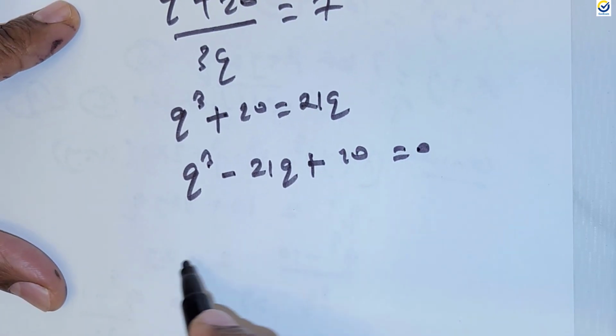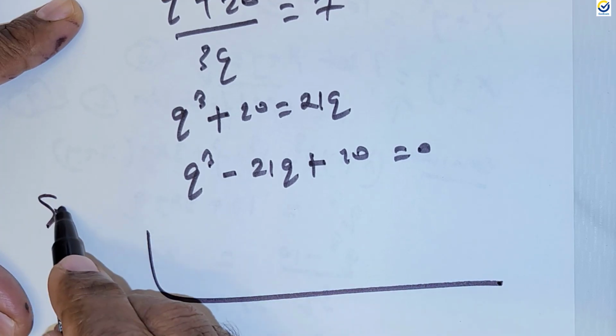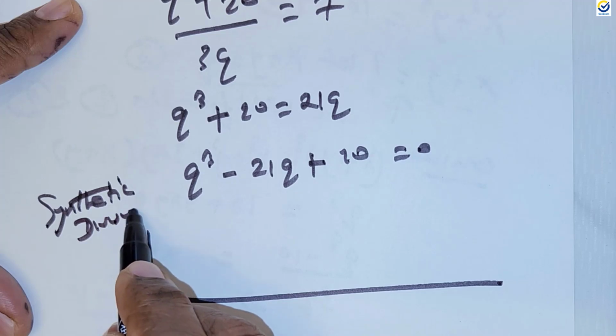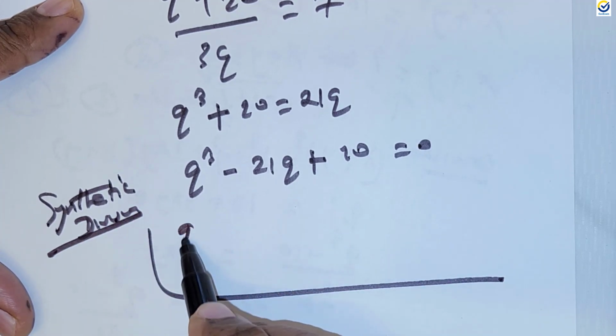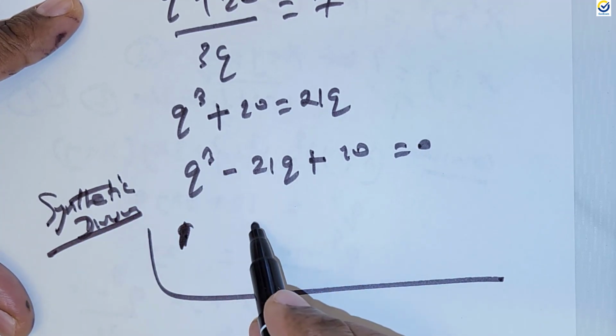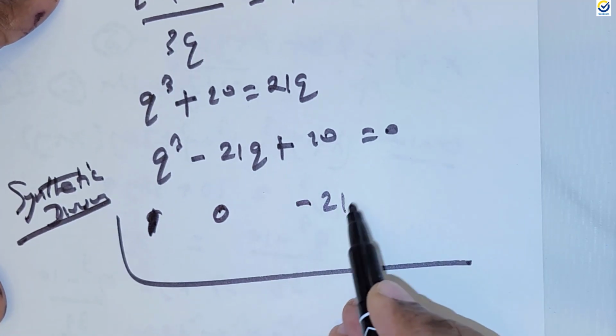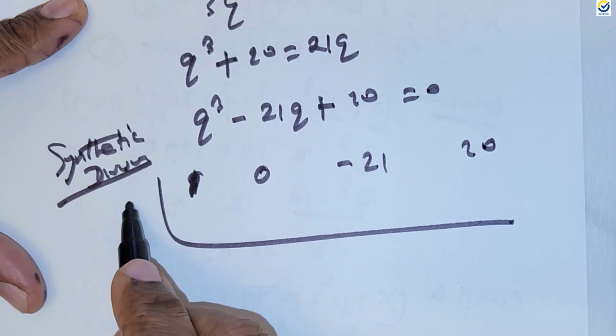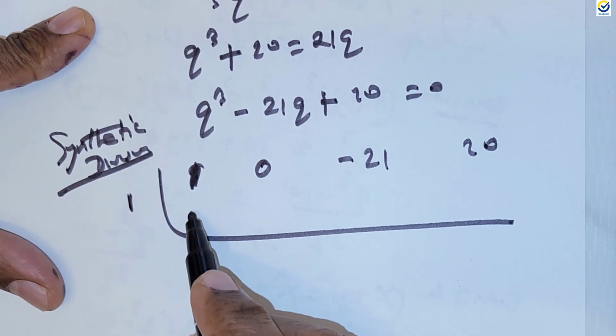Now we need to get the value of q. So I will be using synthetic division. The coefficient is 1, q squared is not there, so 0, q is there, negative 21, and the constant is there, 20. Let me try 1.